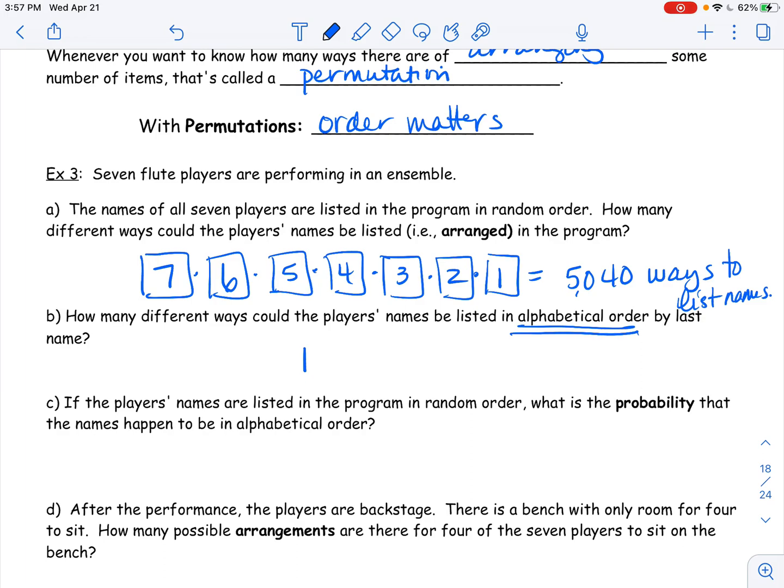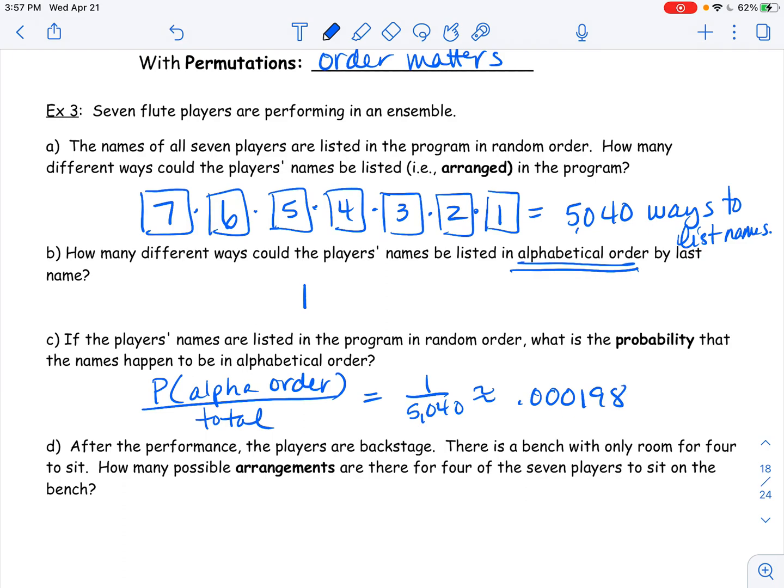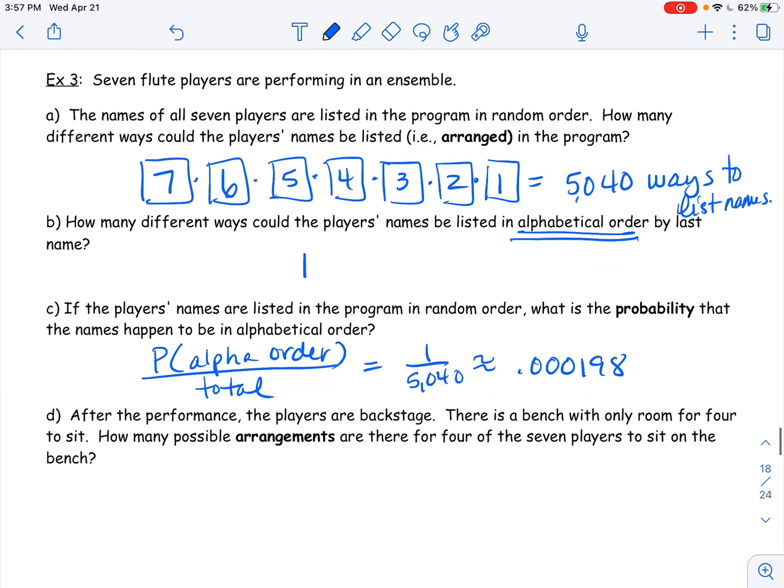In part C, if the players' names are listed in the program in random order, what is the probability they will be in alphabetical order? So we want the probability of alpha order out of the total. And that's just going to be 1 out of 5,040, which is a very small decimal, 0.000198. And the last question, after the performance, the players are backstage.